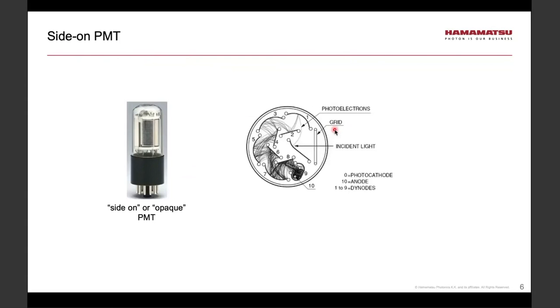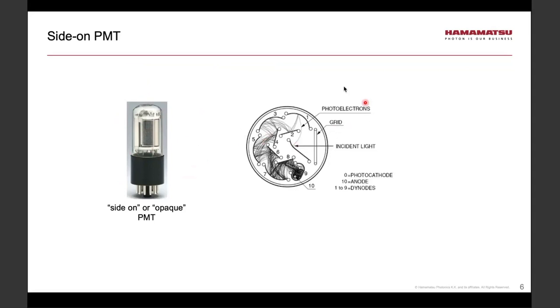There are two basic designs of PMTs. One common design is known as side-on or opaque, which is shown on the left-hand side of the slide. The light illuminates this point or this portion of the PMT, the grid, and the process of electron multiplication then follows.